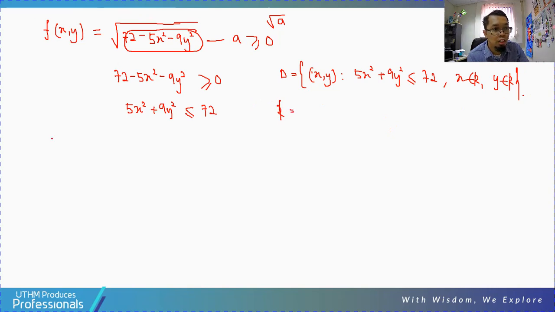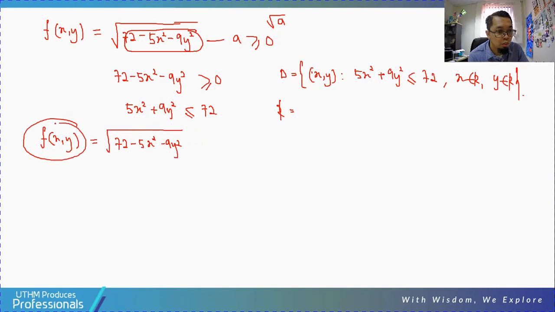So you have f(x, y) = √(72 − 5x² − 9y²). Okay, so what is the output? You can write this as z and so on.